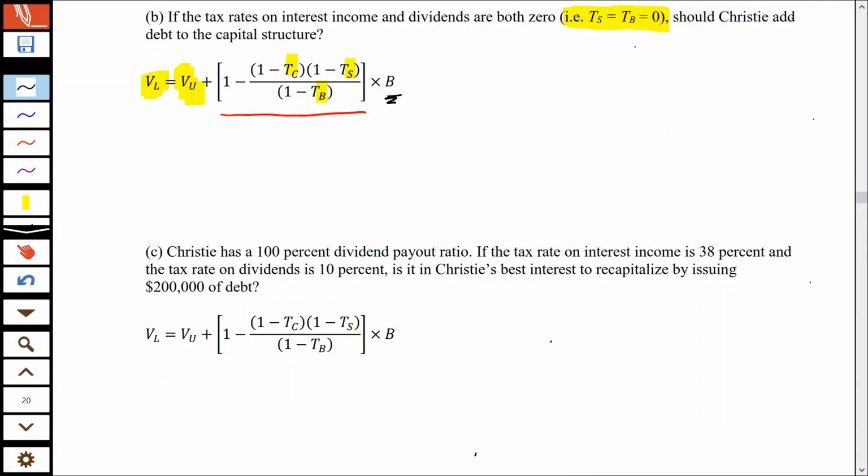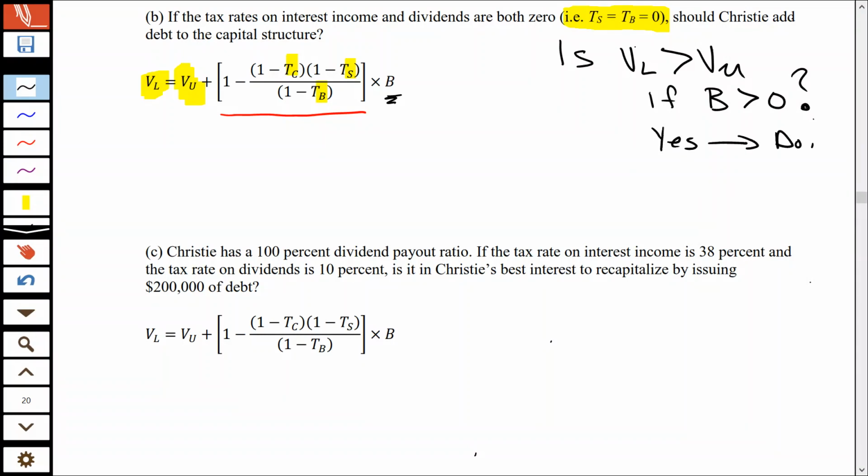So what do we want to do here? I believe the simplest way to solve this is to simply ask ourselves, is the value of the levered firm going to be greater than the value of the unlevered firm if the level of debt B is greater than zero? And if the answer is yes, well, then do it.